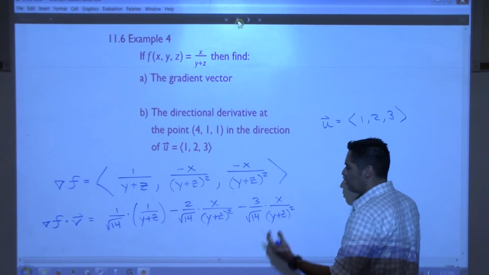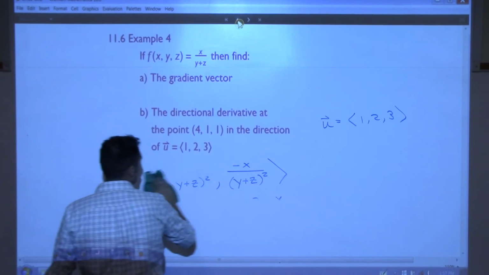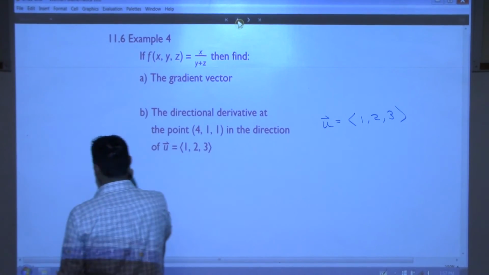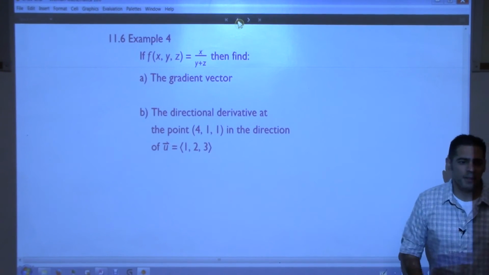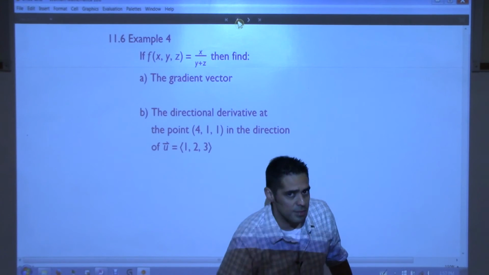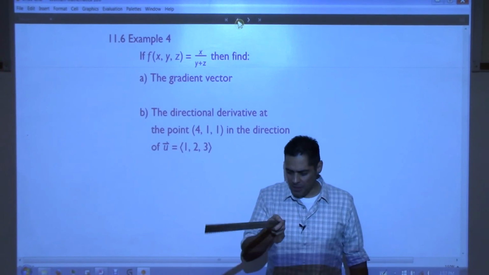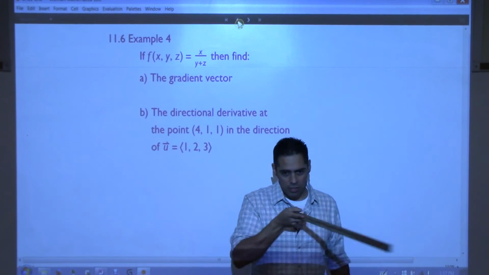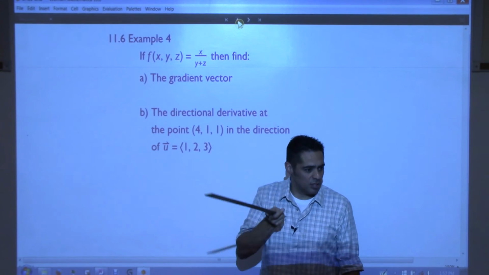This is the most profound part of the entire class, this part right here. And this is the most important thing about the gradient vector up to this point. Let's go back to the surface because it's the easiest thing. You're standing on the surface, right? And you are up at some point, and you know that in each direction, there's going to be some tangent line.